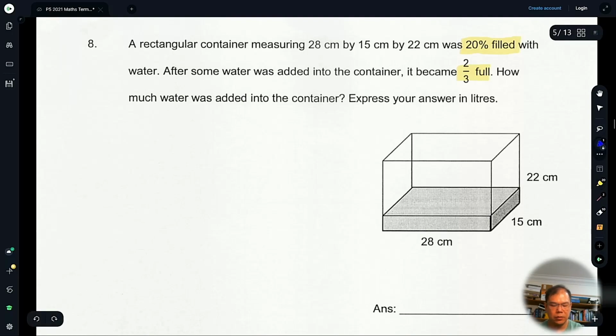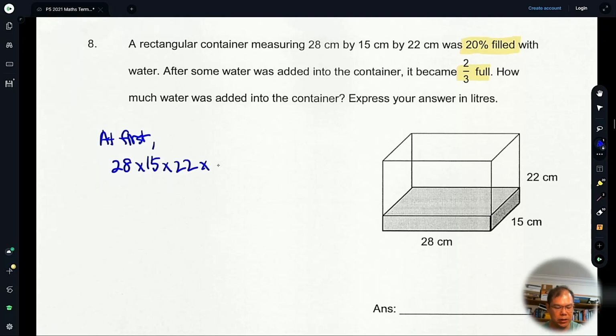Okay, so let's do this the way that is easiest to explain. At first, how much water is there inside? So 28 times 15 times 22. Now it says 20% filled, so I can immediately just multiply by 20%.